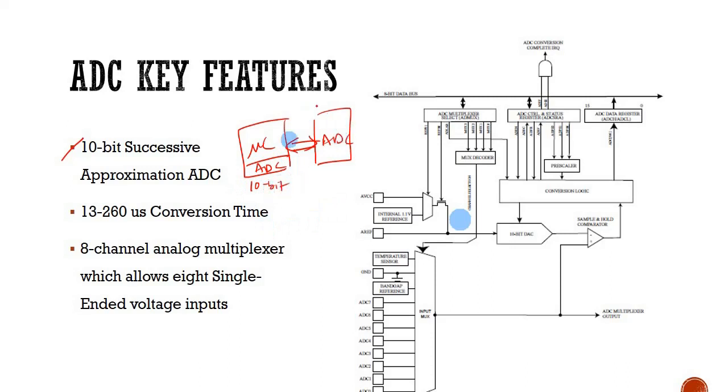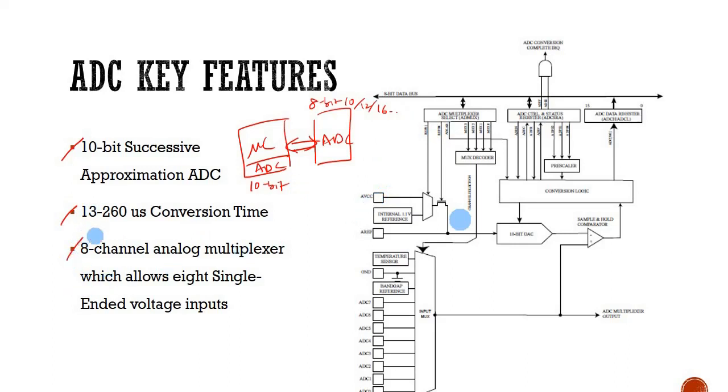Of course, if you are going with the option of interfacing an external one, then you can have a lot of options: 8-bit, 10-bit, 12-bit, 16-bit, and so on. There are a lot of different types of ADCs that can be configured or connected separately to your controller. The conversion time is around 13 to 260 microseconds, and you have 8 channels.